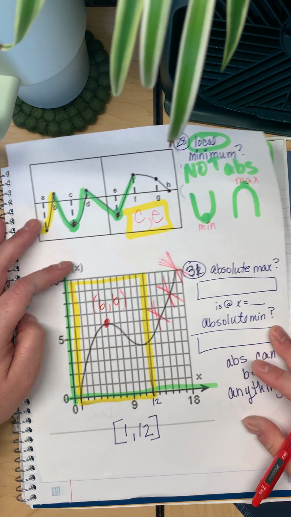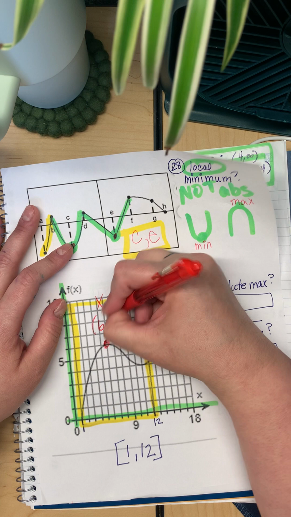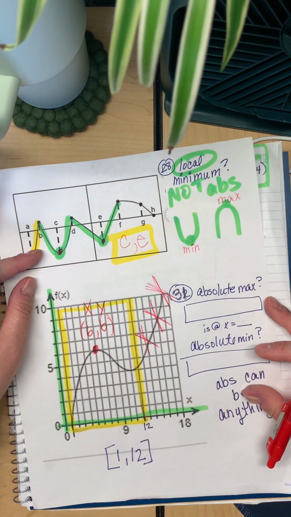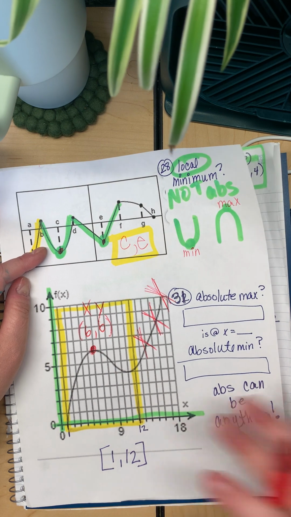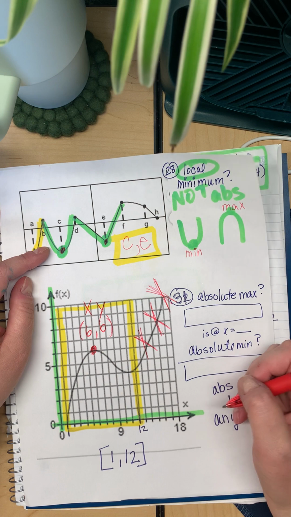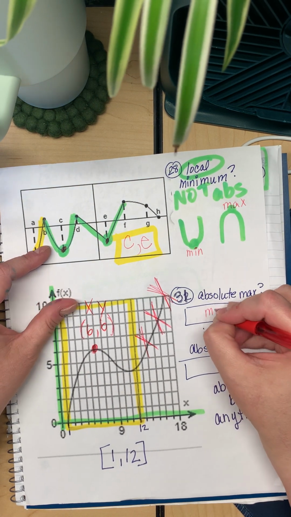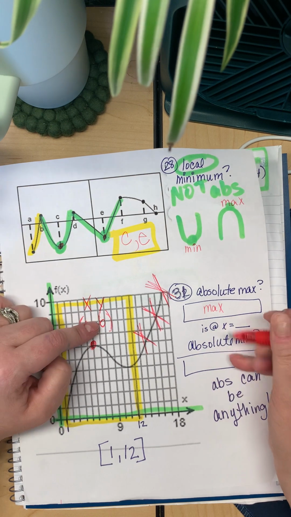Okay, and then the way we write it is we say the max is blah, blah, blah at X equals blah, blah, blah. So we're going to say the max is, and then I put the Y value.